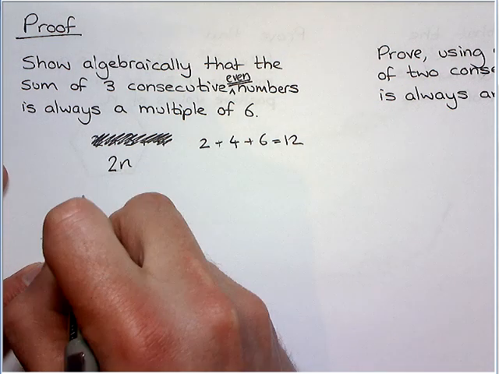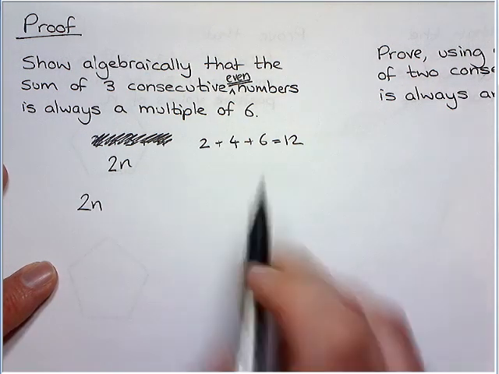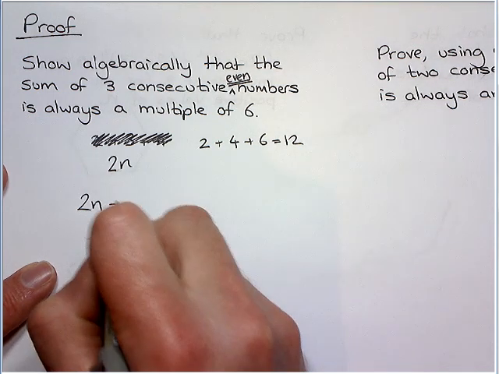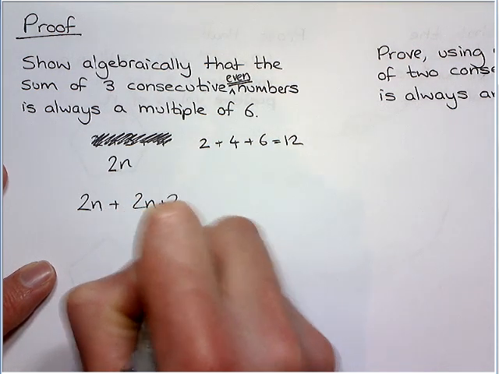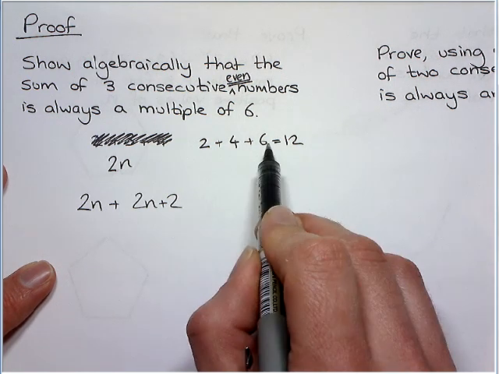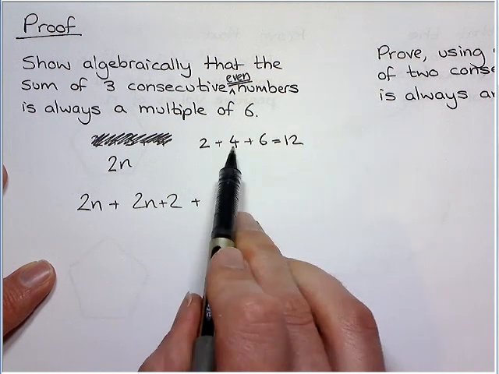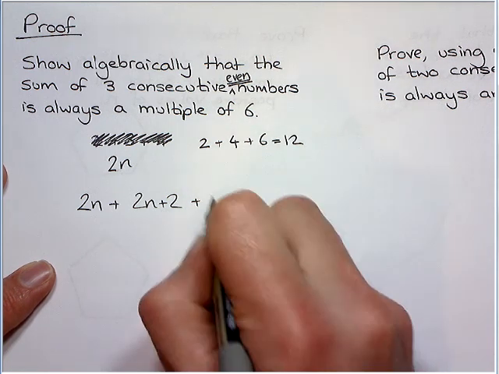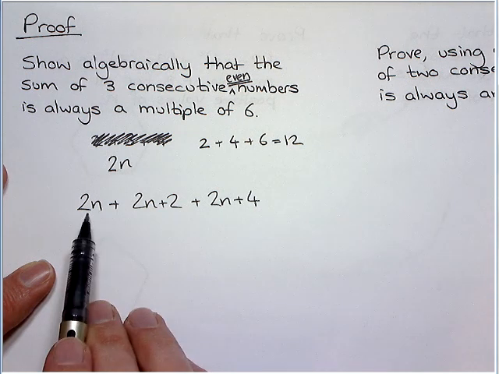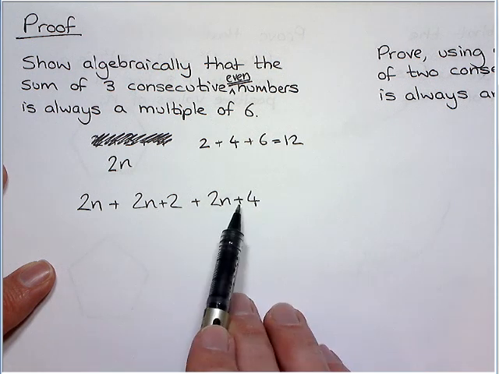So if this is our first even number, to get to this one we had to add 2, so the next one is going to be 2n plus 2. And then the next one would be 2 more than that one, so you can add 2 to this one. So this is our expression for our first even number, our second even number, and then our third even number.